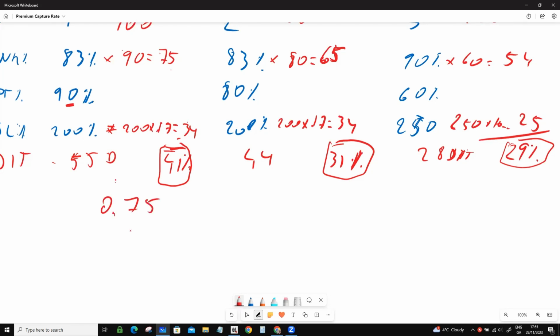This one here, the next one will give you 31 over 44 days, and this is going to be 0.70 per day. And finally, the one that keeps the lower percentage gives you only 29%, but that will happen over 28 days on average, giving you just over 1% per day, a little bit over.